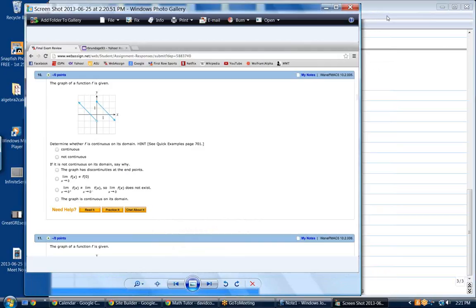So this looks exactly the same, only instead of a, it's 1. Okay, so we're determining whether this is continuous on its domain. You know the definition of continuity? The working man's definition: if you don't have to pick up your pencil to graph it. Oh, okay.